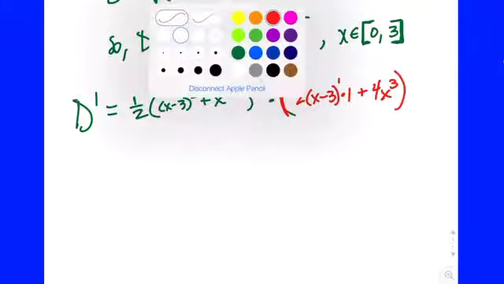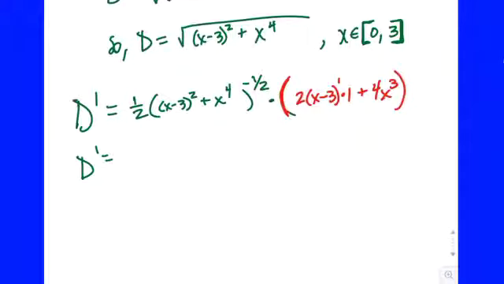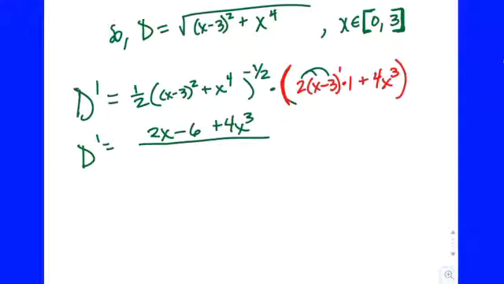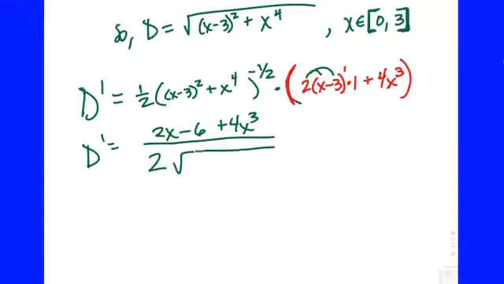Now let's clean that up. D prime is going to end up being, if I distribute this in the red piece, I get 2x minus 6, and then plus 4x cubed. And in the bottom, I'll have a 2 times the square root of the quantity (x minus 3) squared plus x to the 4th.